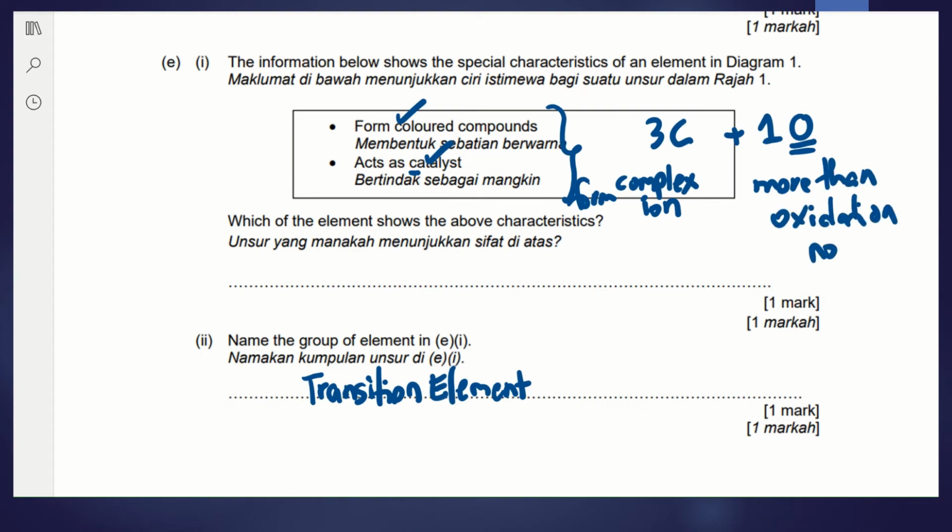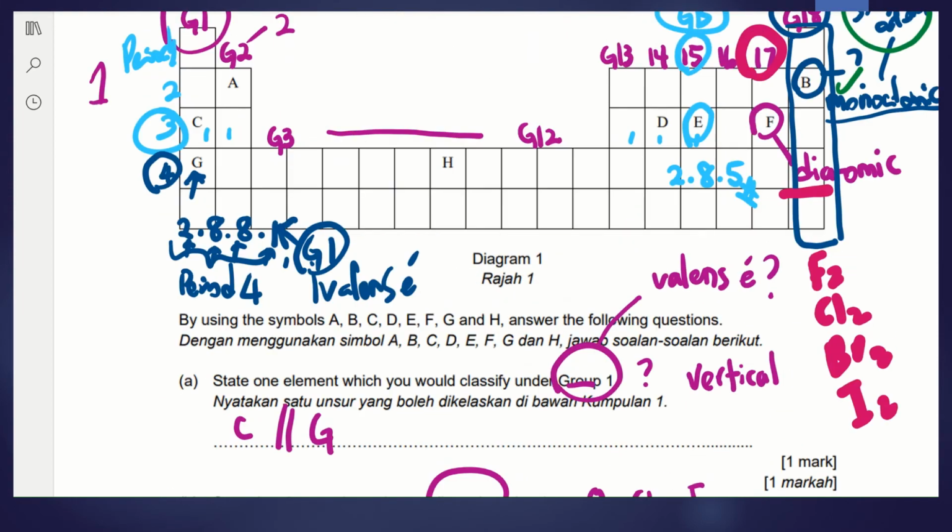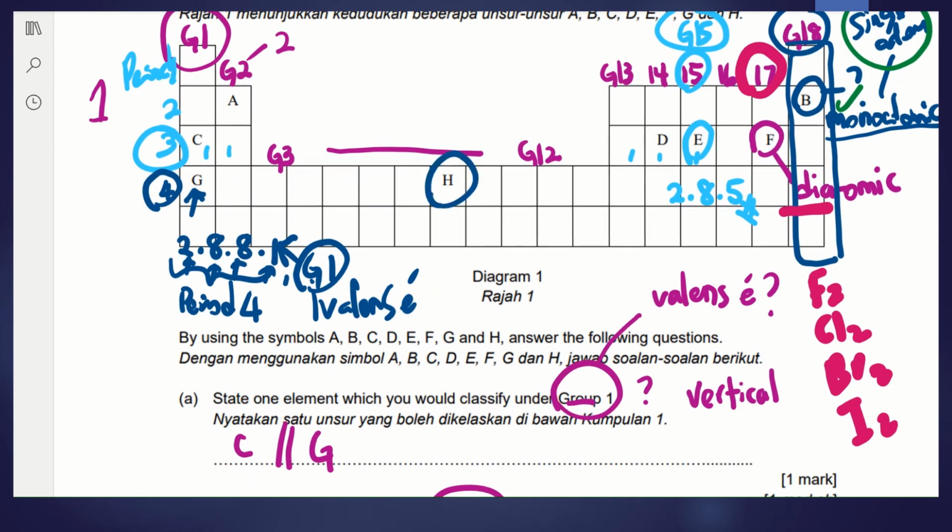So the transition element in this question refers to H, atom H.